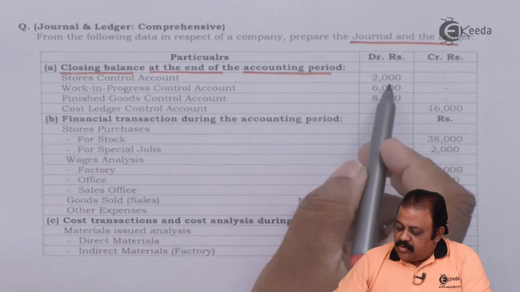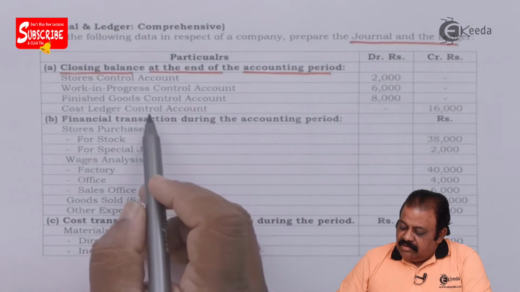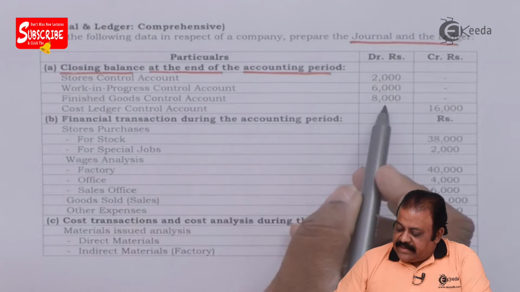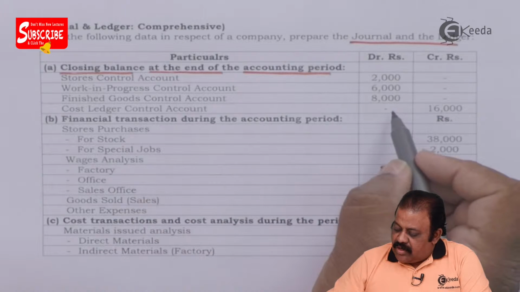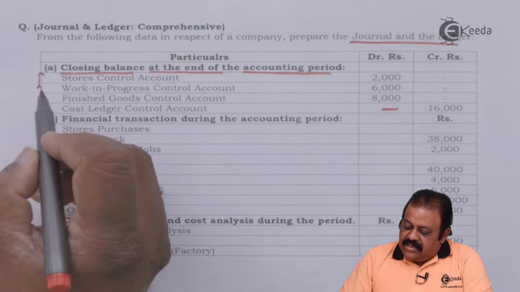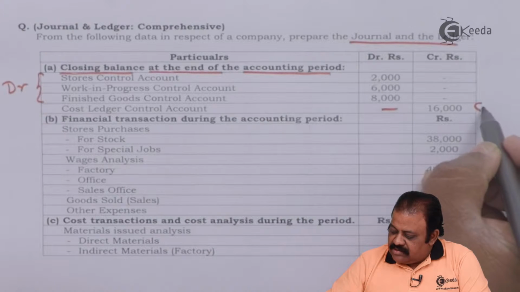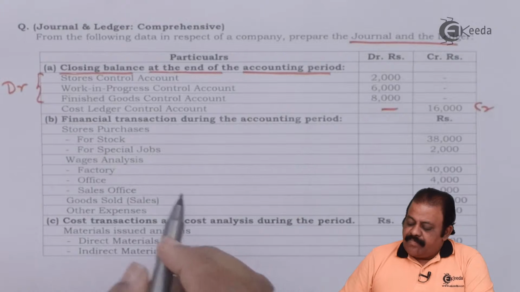Stores control account 2000, work in progress control account 6000, finished goods control account 8000, cost ledger control account 16000. First three are debit balances and this one is credit balance.